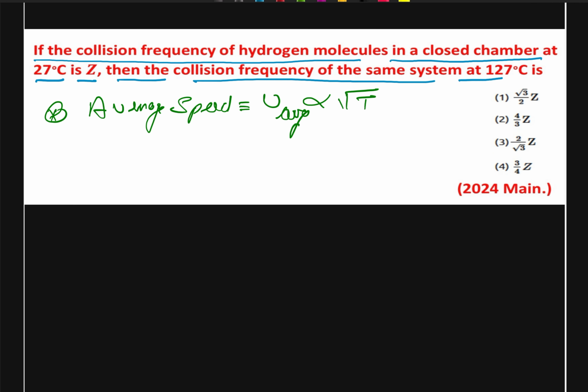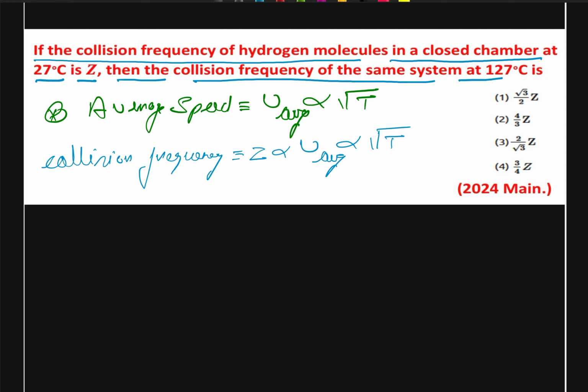So we can write, because we are required to find out our collision frequency, which is denoted as Z, is directly proportional to V average, or we can say directly proportional to the square root of temperature.